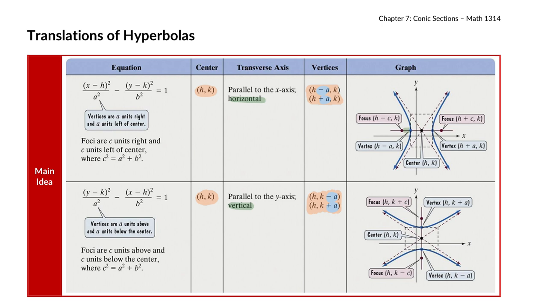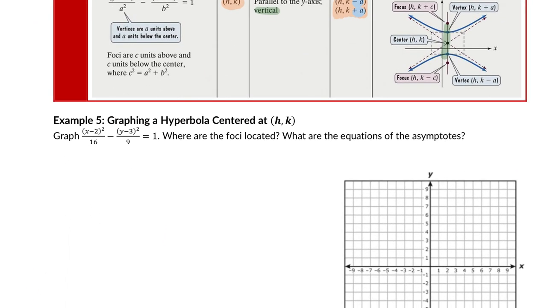So we have a horizontal transverse axis, and we have a vertical transverse axis. That's the difference. It works the same as it did when we started translating the ellipse around the graph. So if we can hang on, we got this.